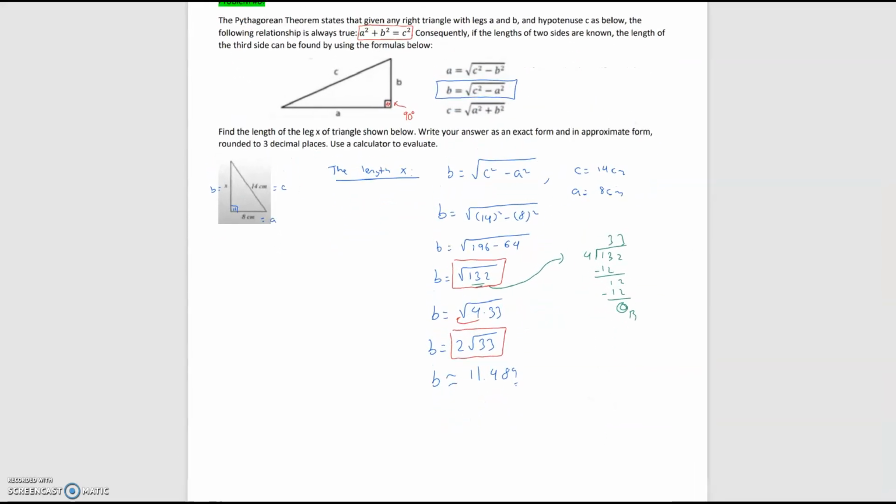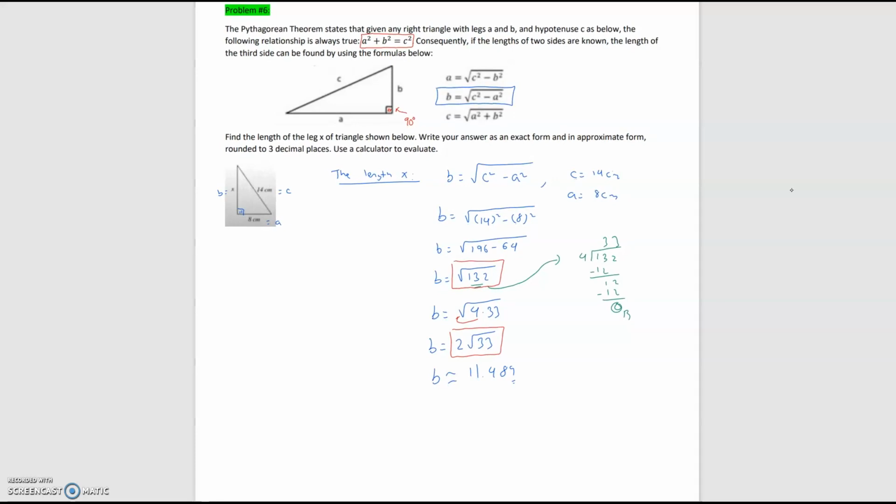Okay, so in this particular problem, let me just express this with a sentence: the length X is equal to B, which is equal to 2 square root of 33 centimeters, which is approximately 11.489, once again, centimeters as well.